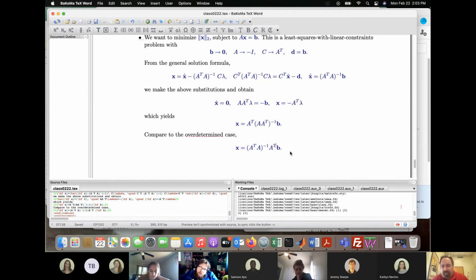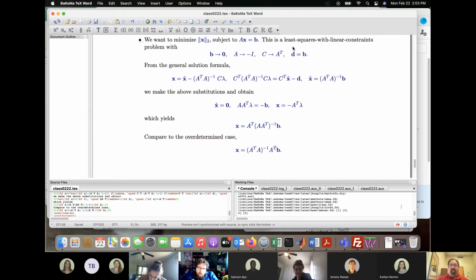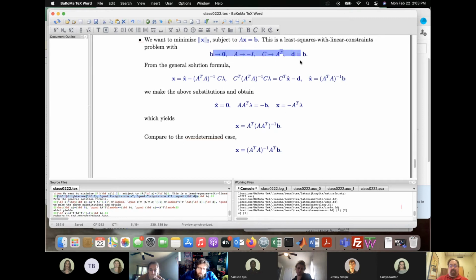So I want to show you how we can come up with a formula like this fairly quickly just by recognizing what kind of problem this is. It's a least squares linear constraints problem. So I would just go ahead and use this solution formula and apply it to this case, and this is what pops out.